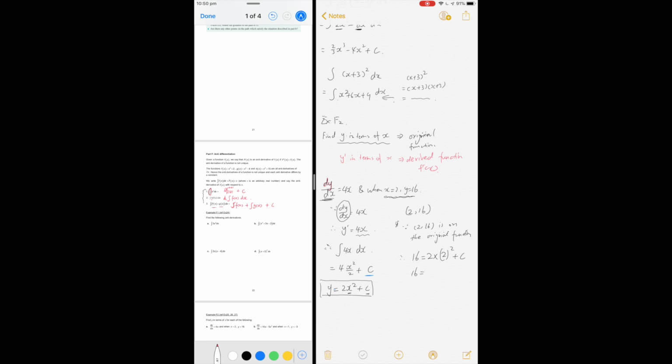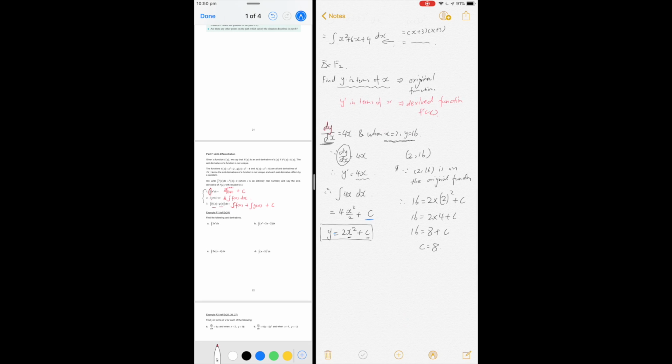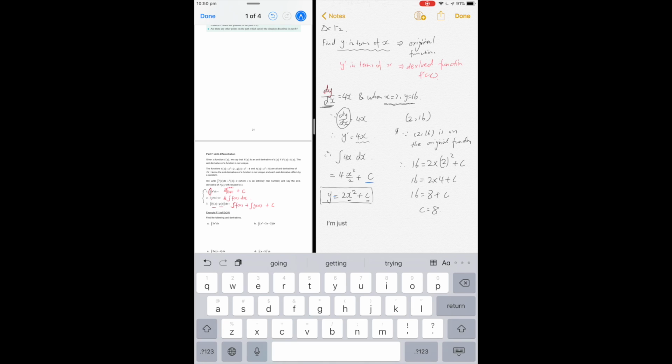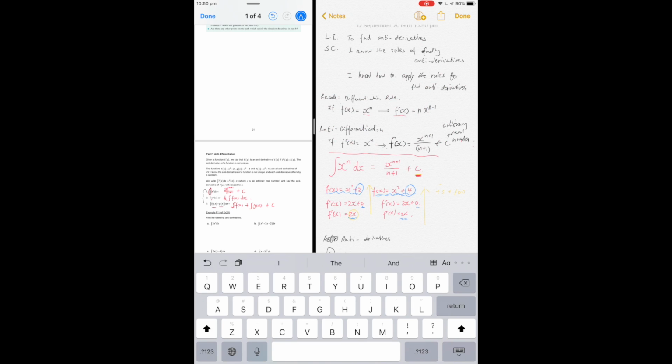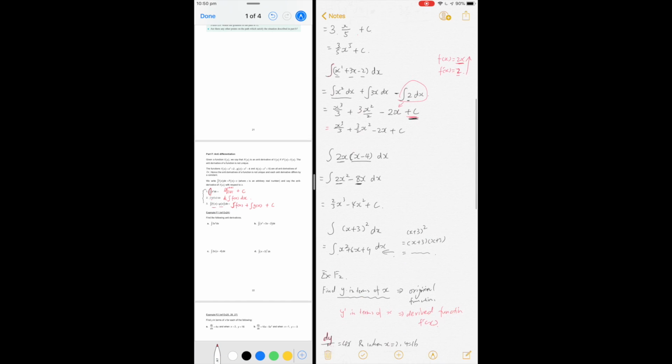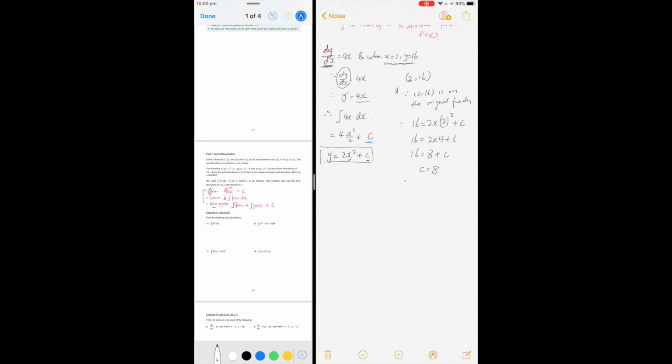So 16 is equal to 2 times 4 plus c, 16 is equal to 8 plus c, c is equal to 8. Now you have found the value of c, so y is equal to 2x squared plus 8. That's your original function.